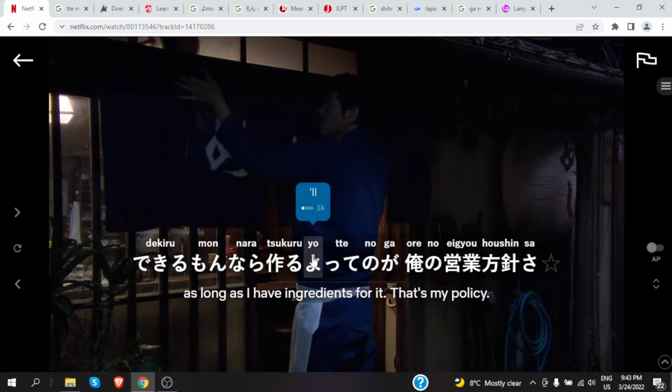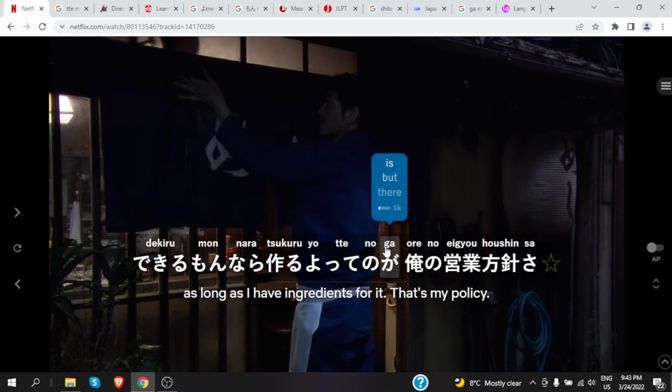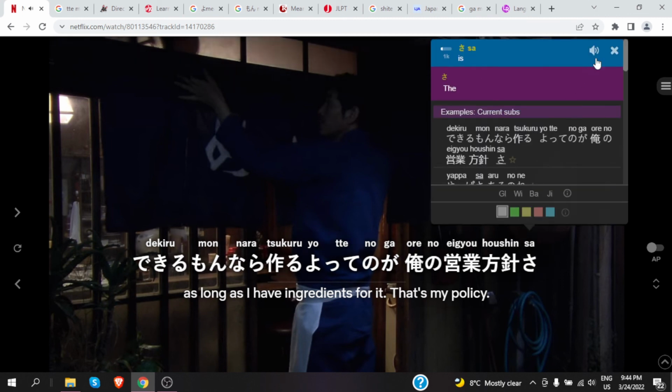Yo, I remember that's kind of like a filler particle. Te refers to what was ordered before. Tsukuru yo te no ga. I don't know what this particle is emphasizing, but I'm guessing it's this whole concept. Tsukuru no ga ore no. Oh, it's my business policy. Sa? さ. Oh, okay.